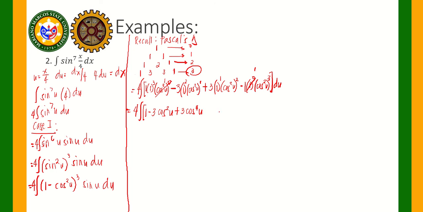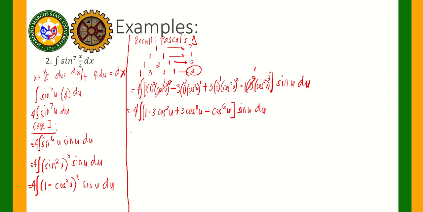And for this one, that is negative cosine raised to 6 u, since cosine squared u cubed: you multiply the exponents. I still have sine u du here. So, and then we have sine u du.